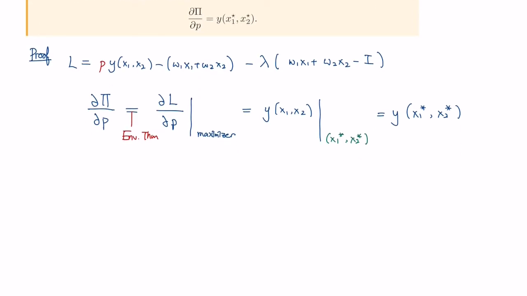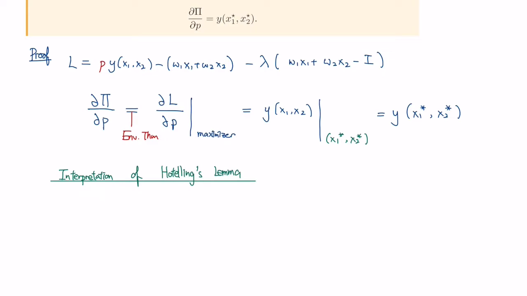But what is the implication of Hotelling's lemma? Interpretations of Hotelling's lemma. Although the proof looks very simple, it's actually a very meaningful statement.